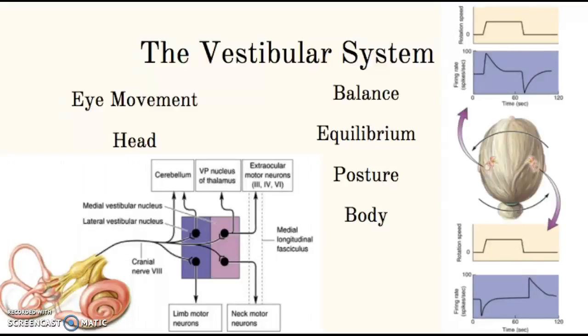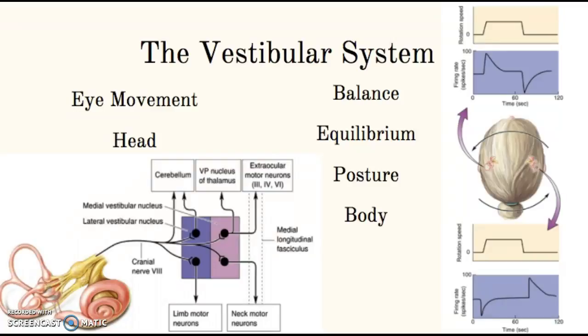A big part of the organs that are responsible for motion sickness are in the vestibular system, because those are important in coordinating body orientation. Your eye movement, your head, your balance, your sense of equilibrium, your posture, and your body movement are all coordinated by the vestibular system.